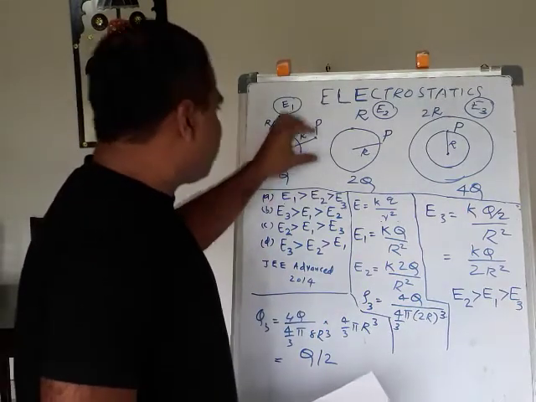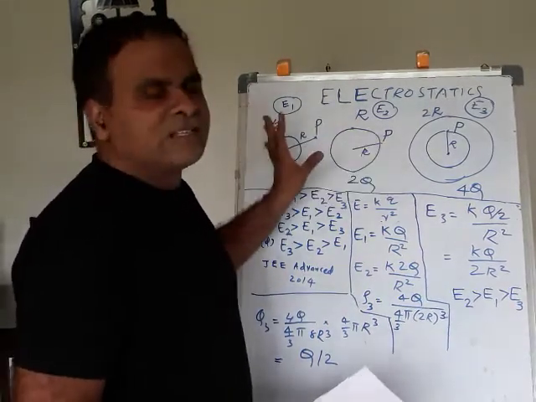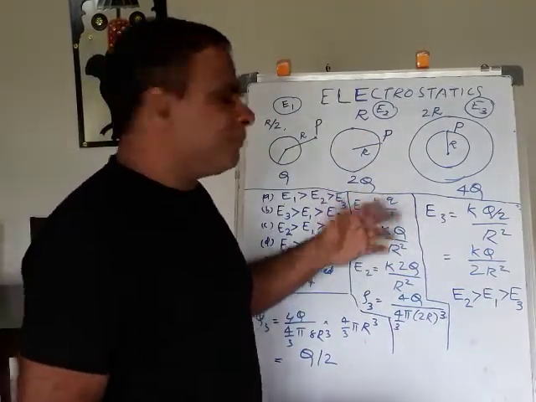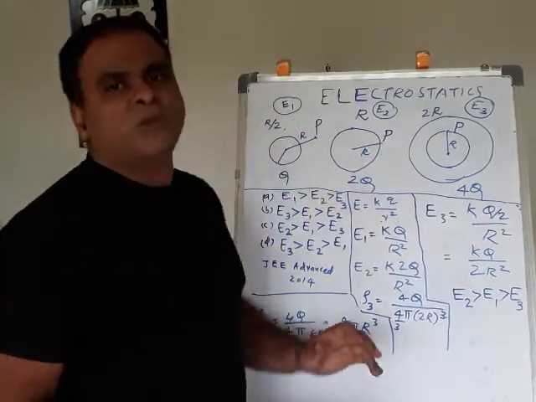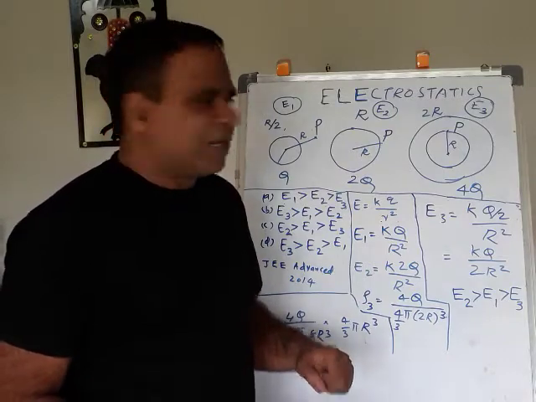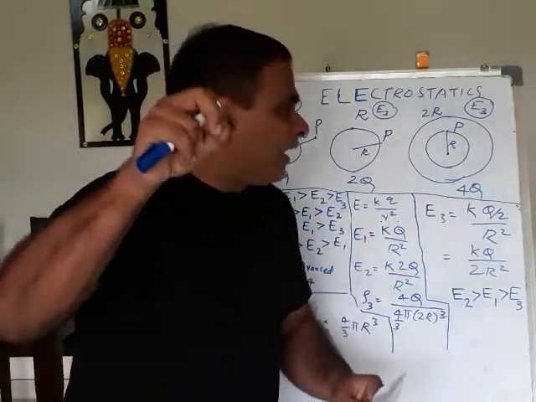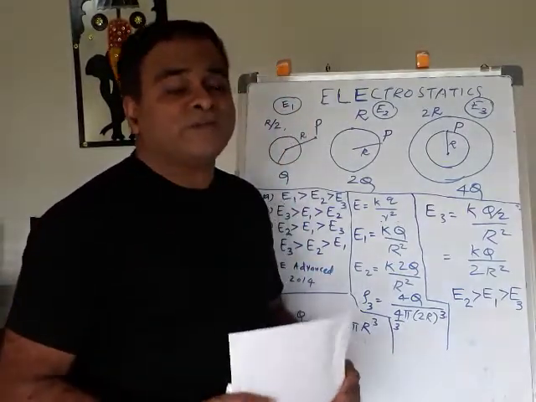For the first sphere and the second sphere, the charges enclosed by the sphere which contains the point P are Q and 2Q, it's correct. But here it is not Q. So you have to calculate that amount of charge.